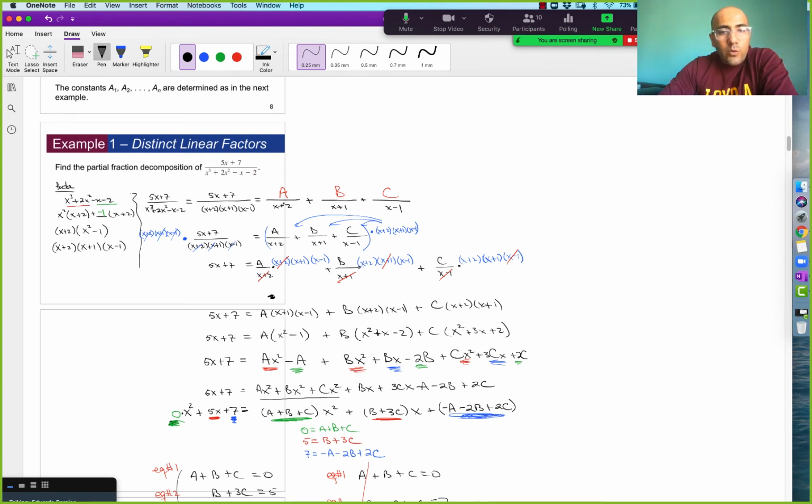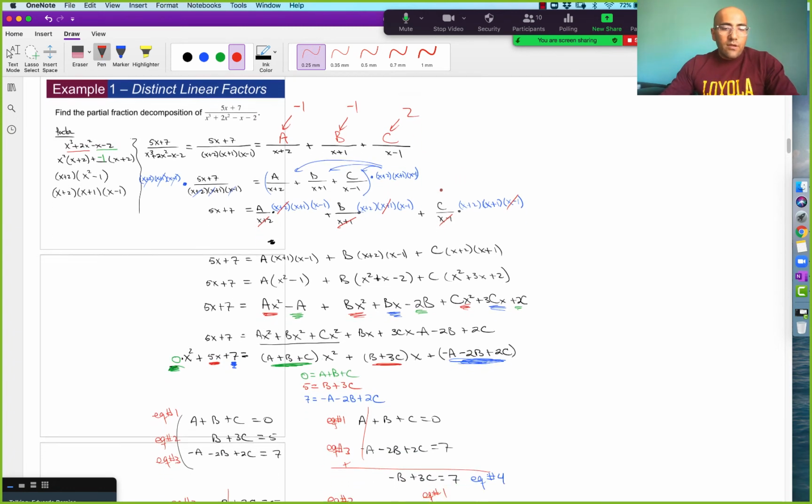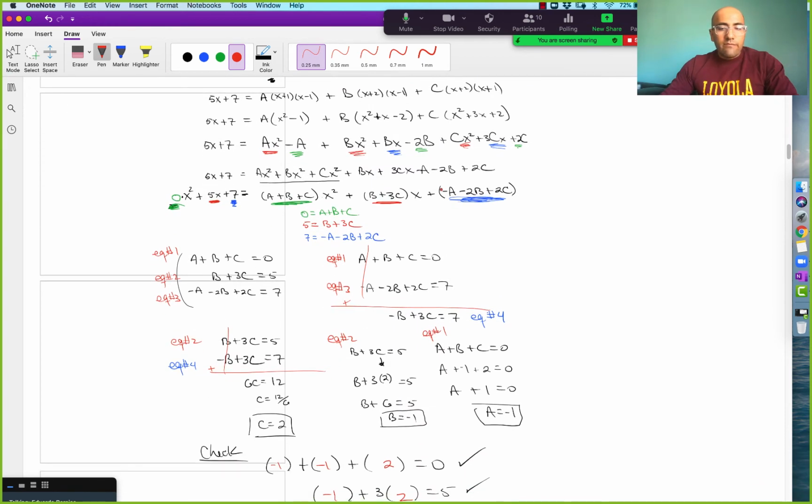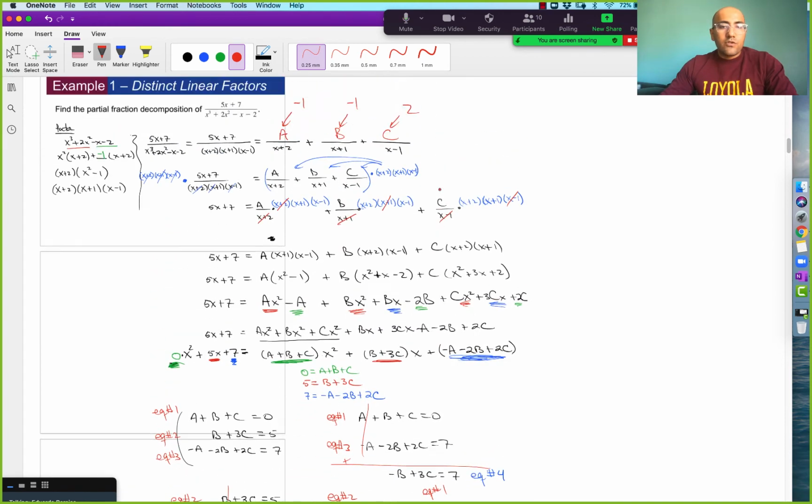And so we were able to separate this into the summation of 3 separate fractions, where each one of these factors is the denominator in one of those fractions. After all this work, we realized that a was equal to -1, b was equal to -1, and c was equal to 2.